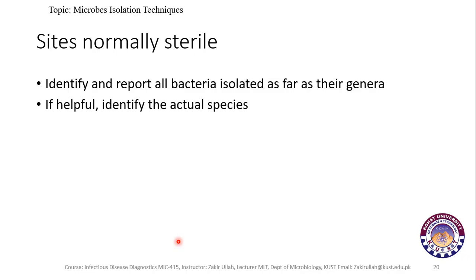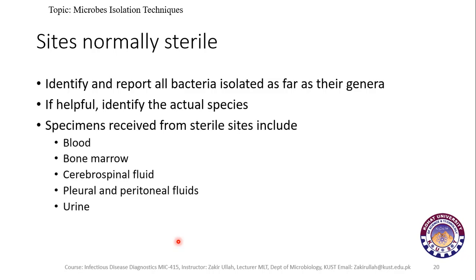For example, if there is a skin infection caused by gram positive colonies, especially if we consider staphylococci, and this is the genus Staphylococcus, then whether it is Staphylococcus epidermidis or Staphylococcus aureus, the actual species should also be identified if possible.